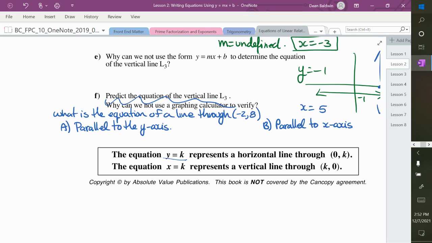So I'm asking for the equation of a line that goes through the point -2, 8 and is parallel to the y-axis.